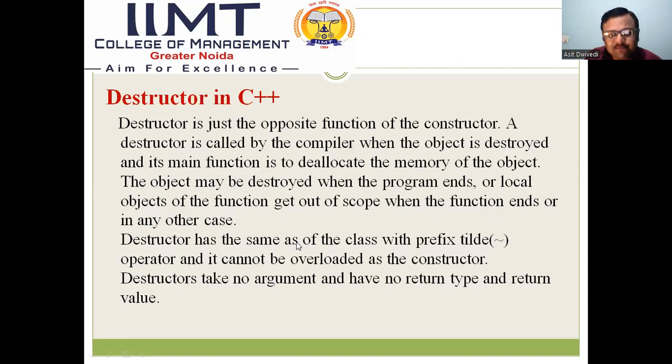A destructor has the same name as the class with prefix tilde operator, and it cannot be overloaded like the constructor. Destructors take no argument and have no return type and return value.